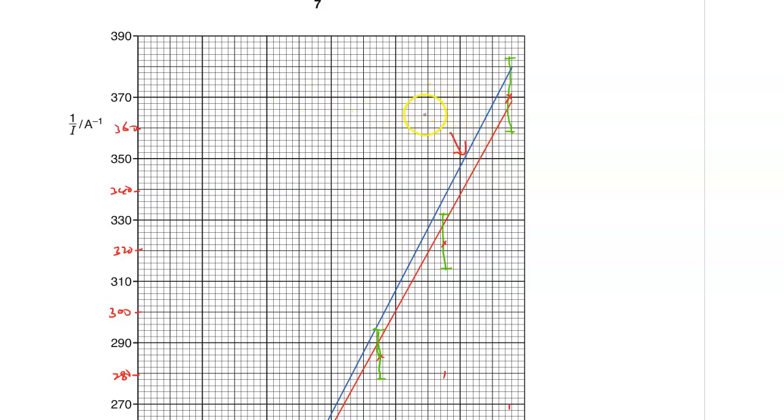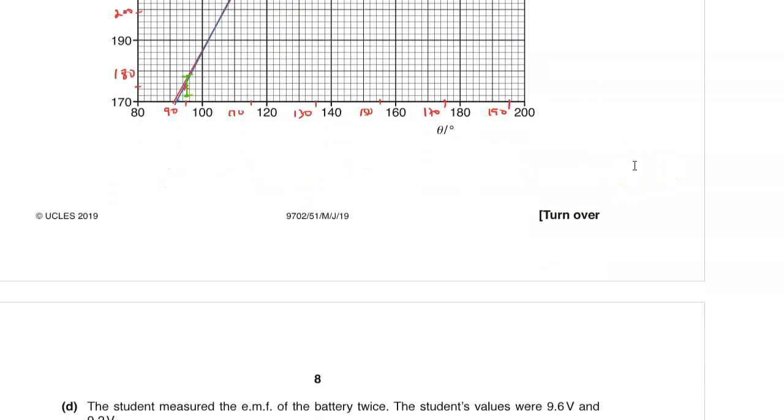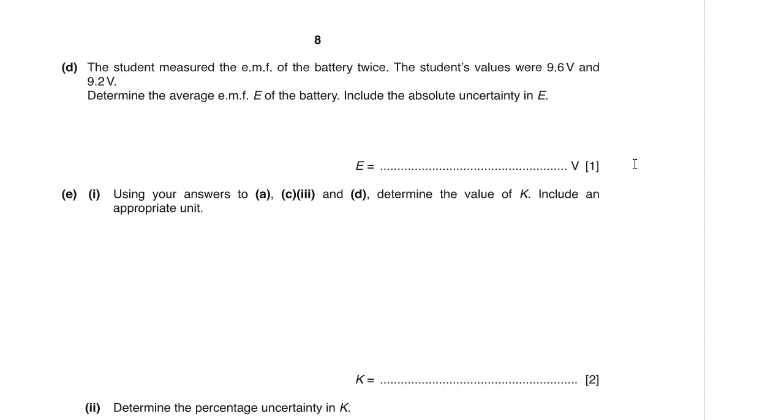The green one is the worst acceptable line, and the red one is the best line, the line of best fit. You need to label that. That is required.